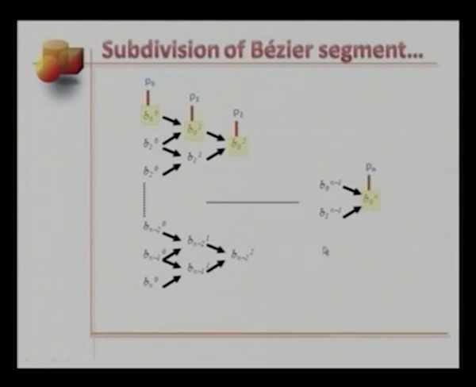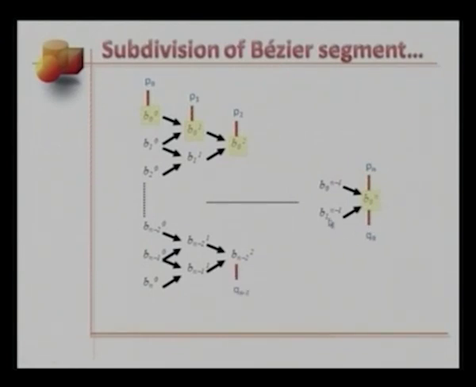Now, using the geometric information that we have here, can we guess without using the algebra what the new control points for the second subdivided Bezier segment would be? I'm just asking you to guess, so it can be wrong. My guess would be that this point b sub 0 super n will be Q0.